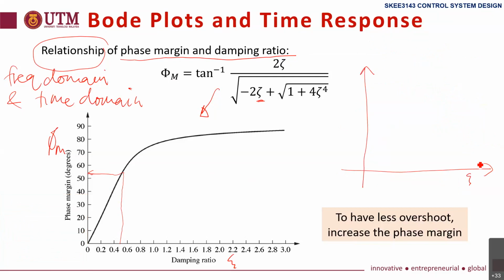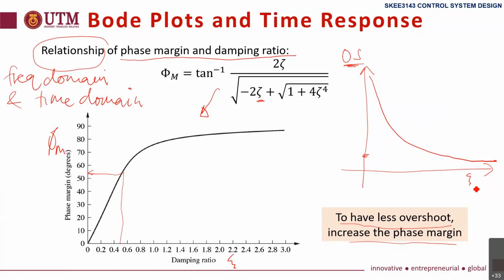We know there is also a relationship between overshoot and damping ratio. They are inversely proportional. If I increase damping ratio, overshoot reduces. If I use a low damping ratio, overshoot is high. So if I want less overshoot, I need high zeta, and high zeta means phase margin must also be high. I conclude that to have less overshoot, increase phase margin.